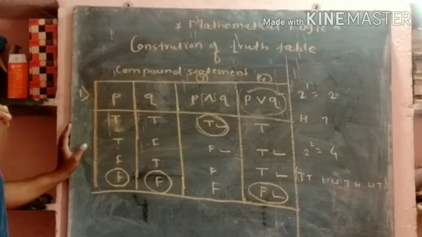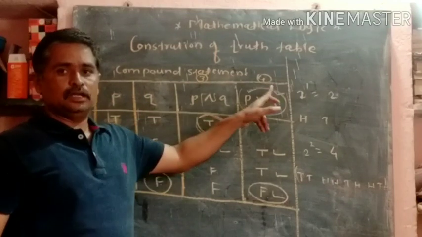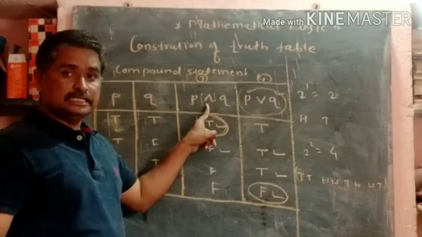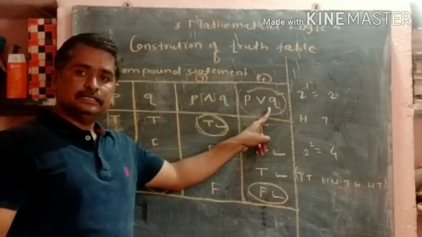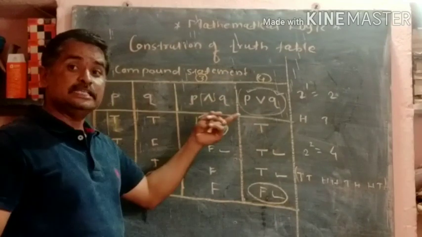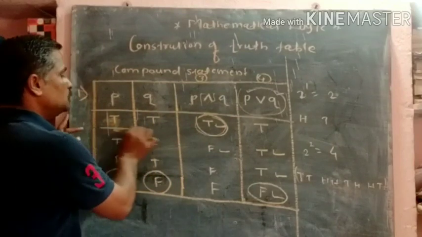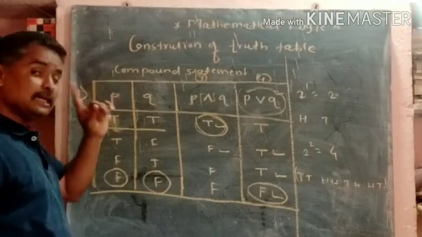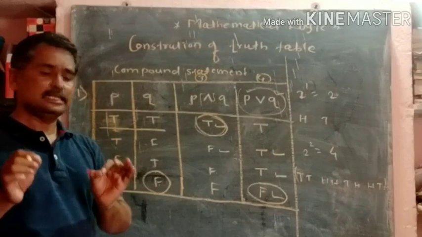So in column number 3 and column number 4, that means in a conjunction and in a disjunction: in a conjunction, the truth value is T if both are T. Remember this trick.